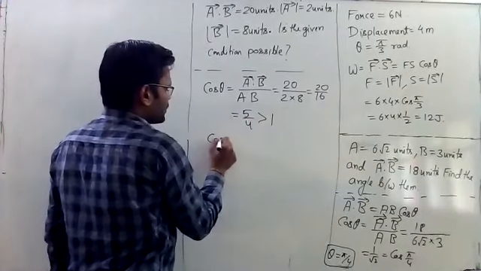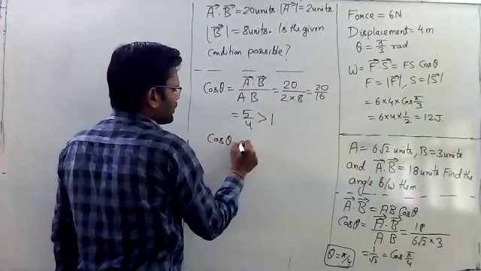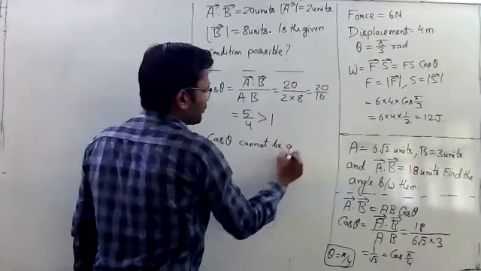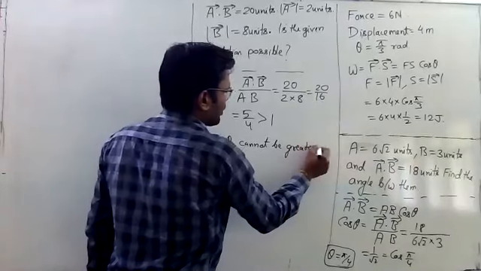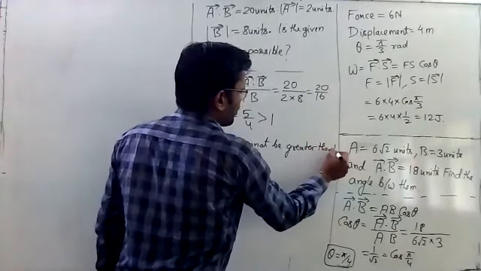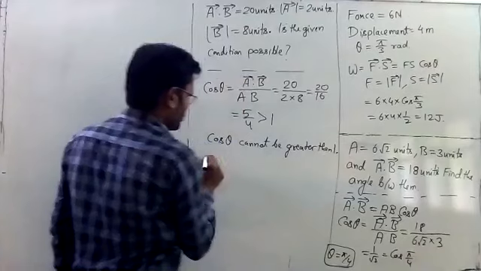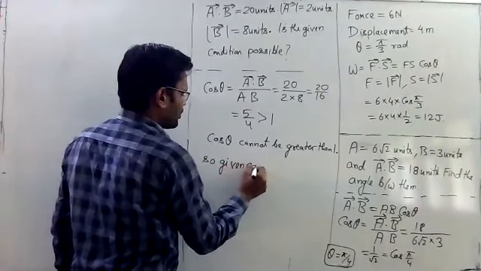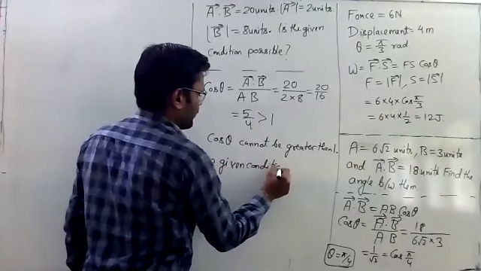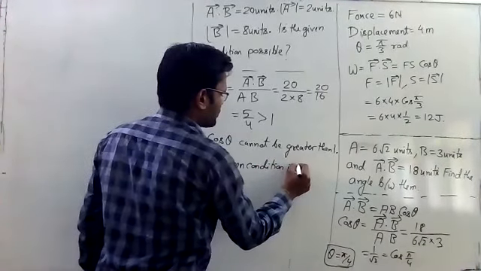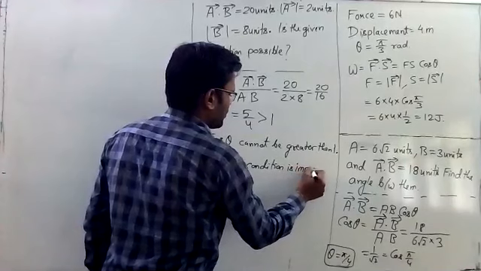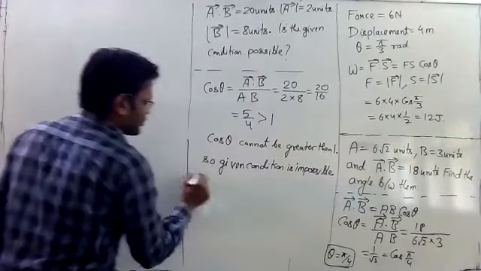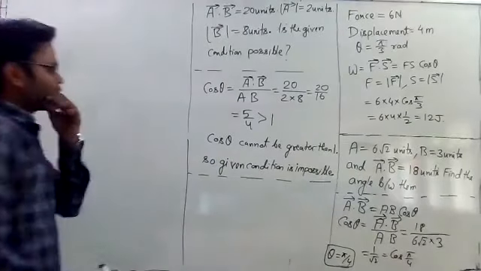So cos theta cannot be greater than 1. It cannot be greater than 1. Right? So the given condition is not possible. Condition is impossible. So these are the few types of examples we will be getting.